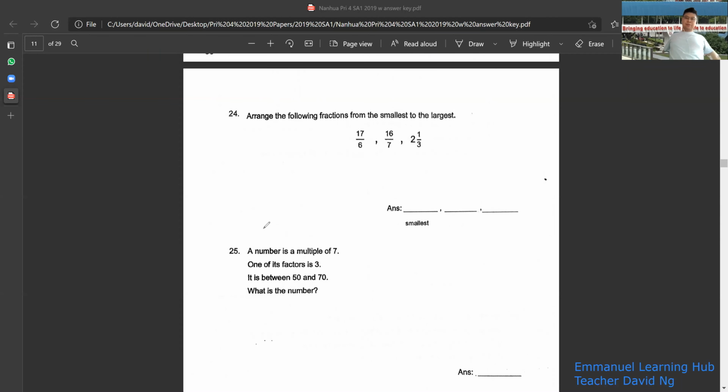What's the technique? I taught you the technique before. You must convert your fractions, improper fractions and mixed numbers, everything to the same denominator. Correct. Go ahead and convert them. Then you will know how to arrange them. Okay.